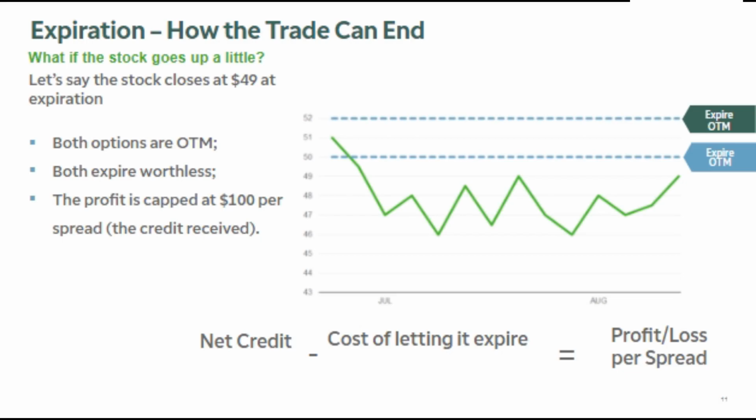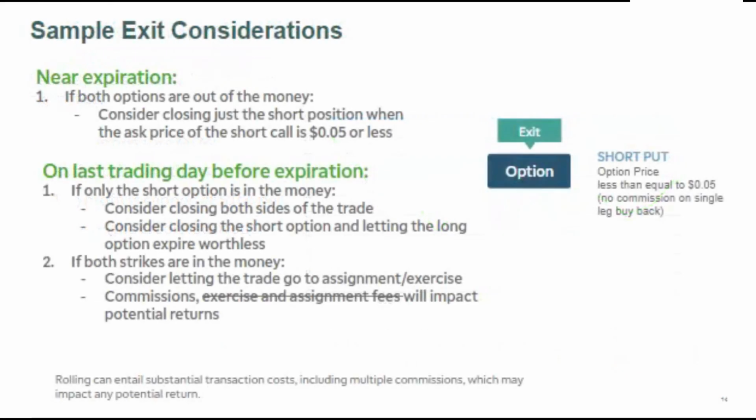sample exit considerations. If it's $1 away or 50 cents away or even like 10, 20 cents away, which is very close actually, especially if it's closer to your strike, right at the market close, the option shouldn't be trading for much more than 5 cents. If you're worried about the stock moving in the post market, just buy it back.